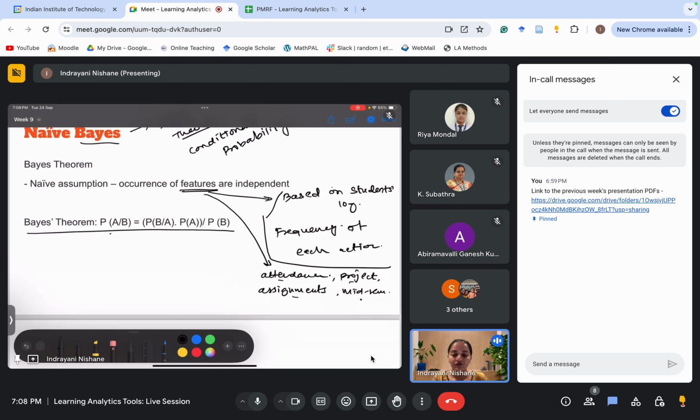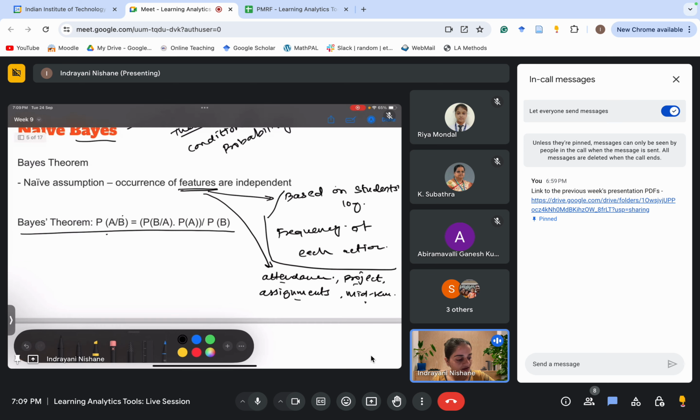So what we are doing is computing the probability for our target or dependent variable, based on the conditions which are our independent variables. So what is P(A|B)? It is the probability of condition A when B has already occurred.